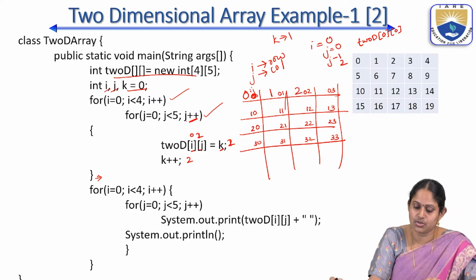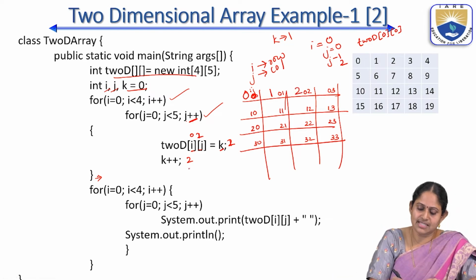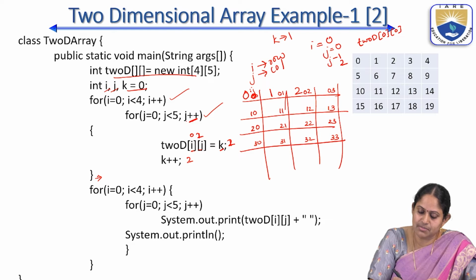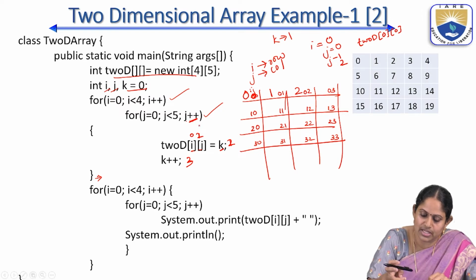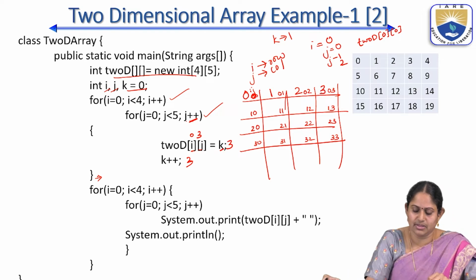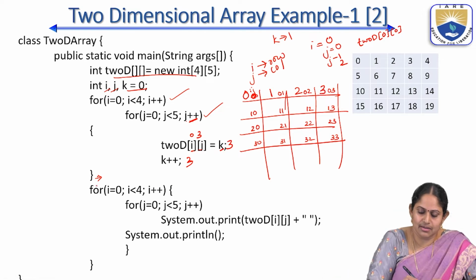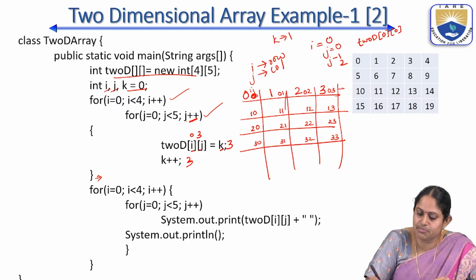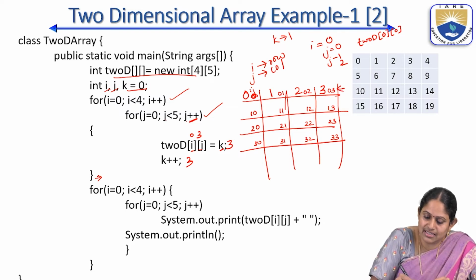So at this point, 2 is stored. Next k++, k becomes 3. Upon encountering the j loop closure, j++, so j becomes 3. So it will store the element into 0,3: the element 3 will be stored into 0,3. Now the j value has become 3.